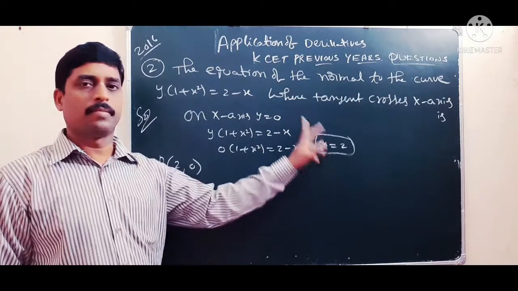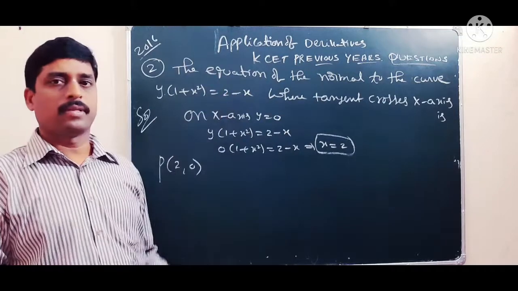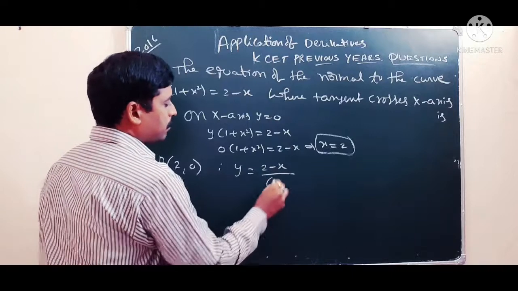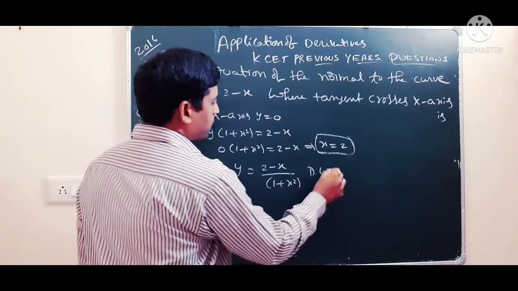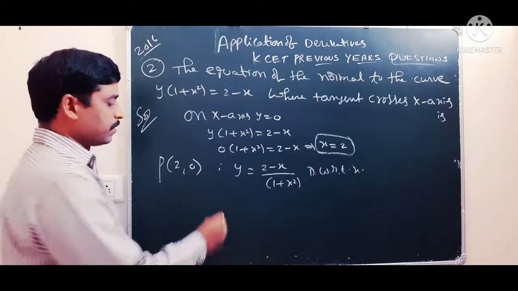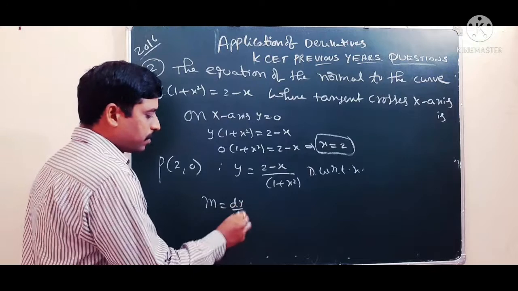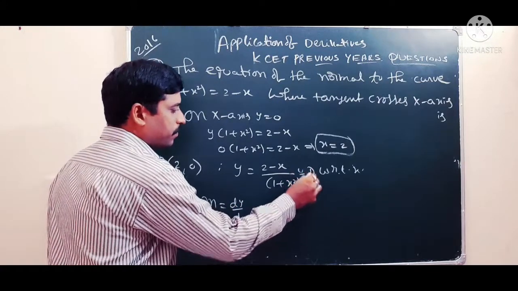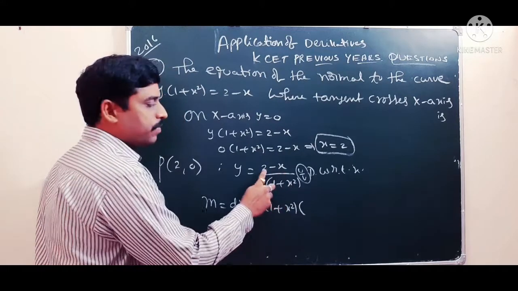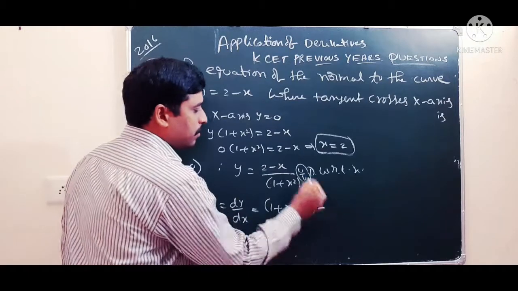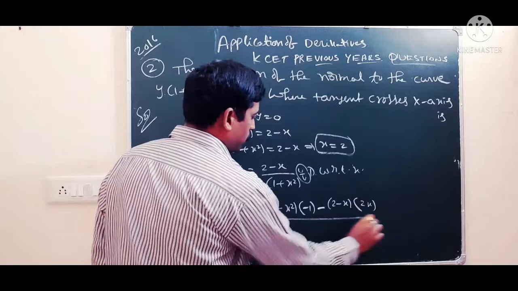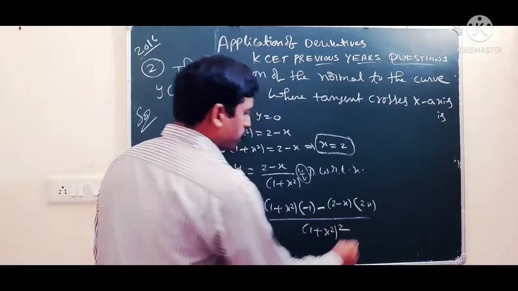At the point (2, 0), we have to find the equation of normal. So what is given? y is equal to 2 minus x by 1 plus x square. Now first we have to find the slope of tangent. m is equal to dy by dx, so by using the u by v formula, v into differentiation of u, differentiation of 2 minus x is minus 1, minus u into differentiation of v, 2x, by 1 plus x square whole square.